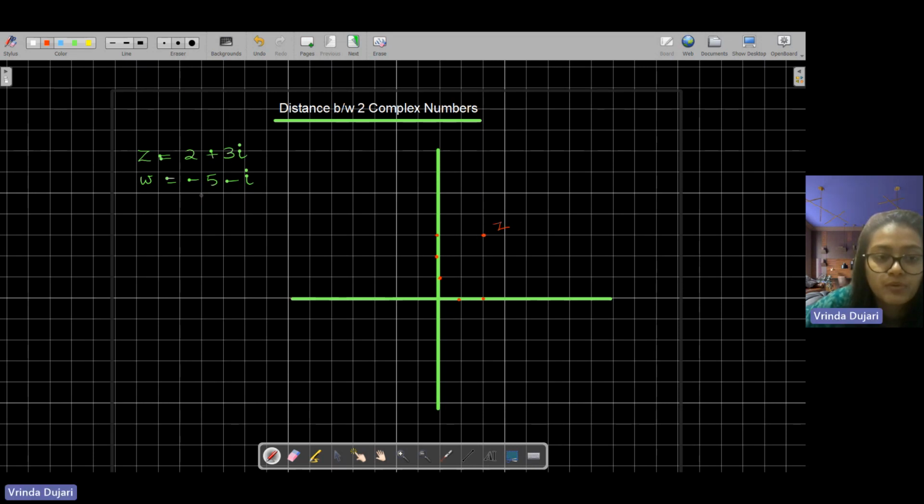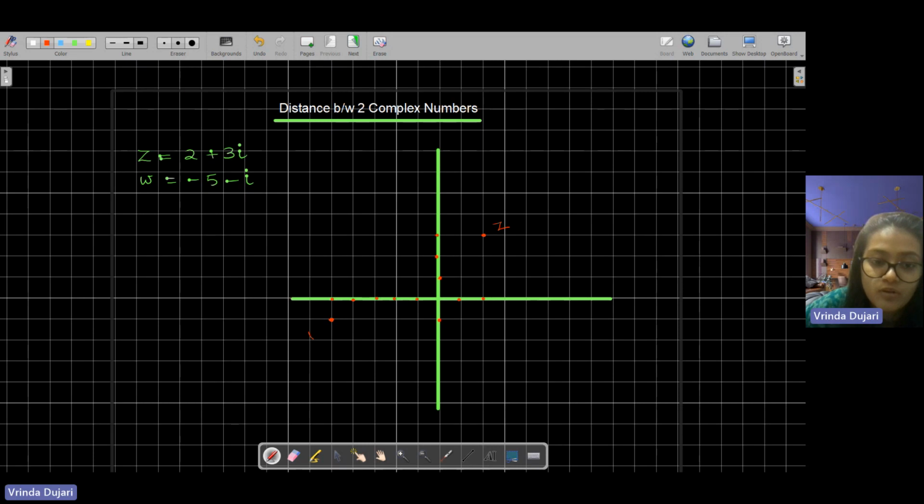And then for w, real part is -5. So 1, 2, 3, 4, 5. And imaginary part is -1. So that's here. So this complex number W is this one.